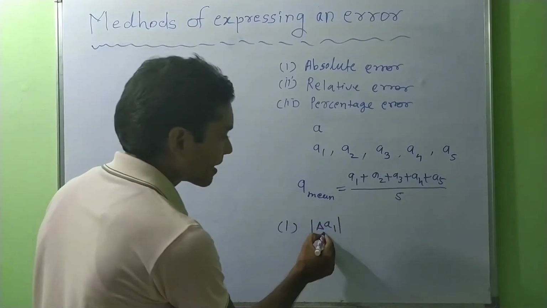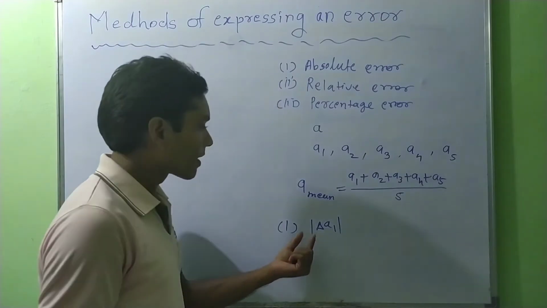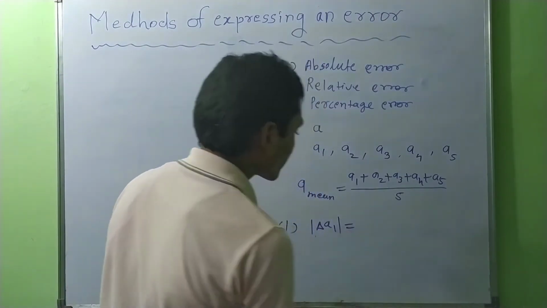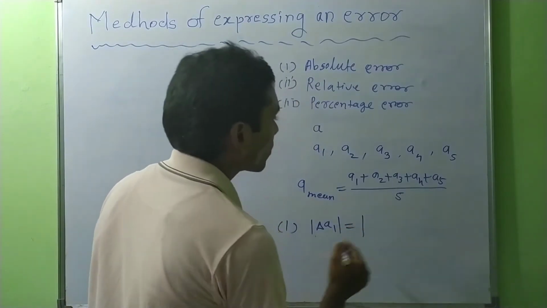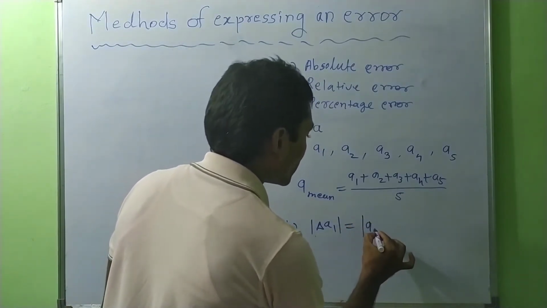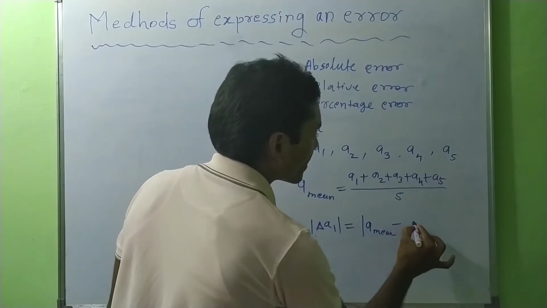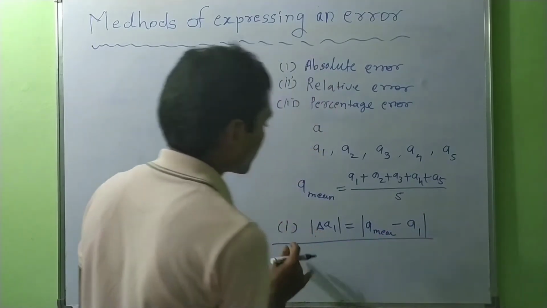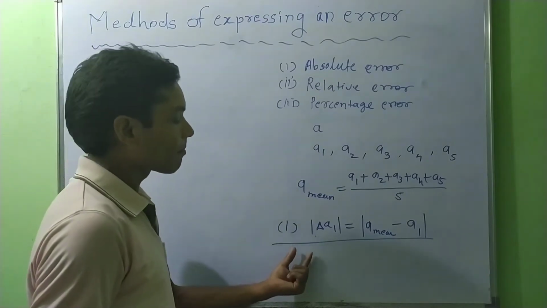Okay, what is this del? This del represents here the difference. So this difference is the mod of mean value, that is, mod of A mean minus A1. For the first observation, this is the absolute error.